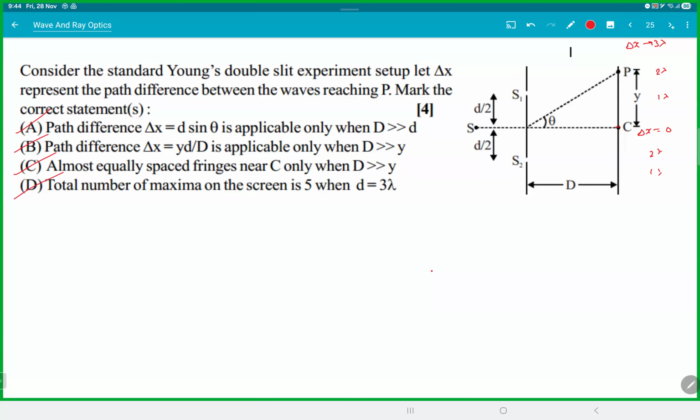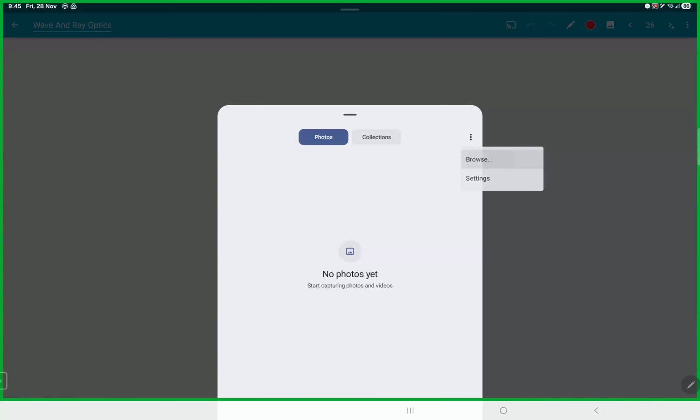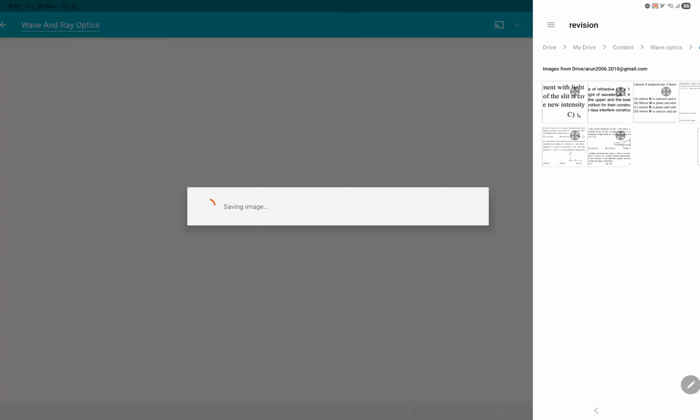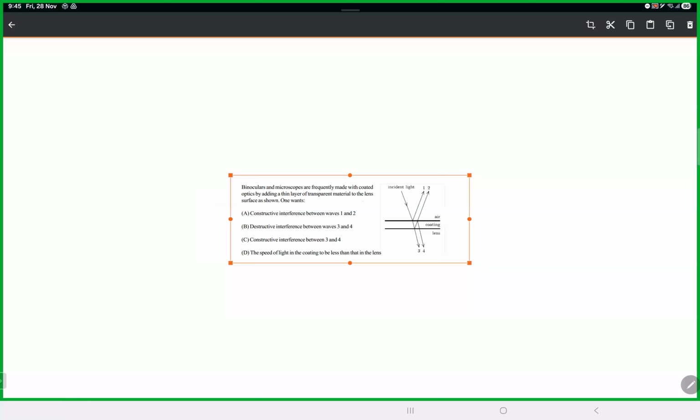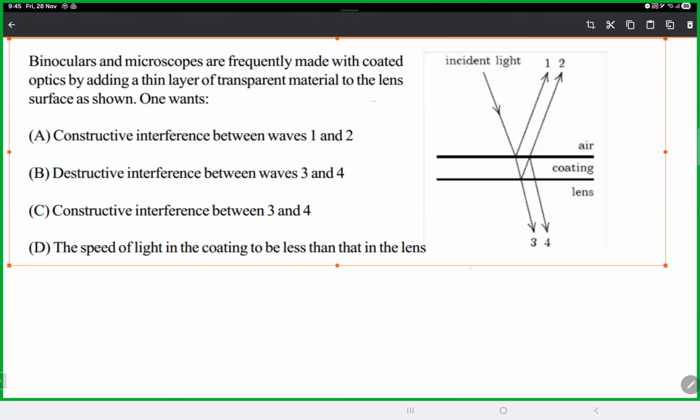Clear with this? I'm very interested in the first 3 approximations. So it's a pretty good one actually. The 3 approximations are important. Clear? Let's see.